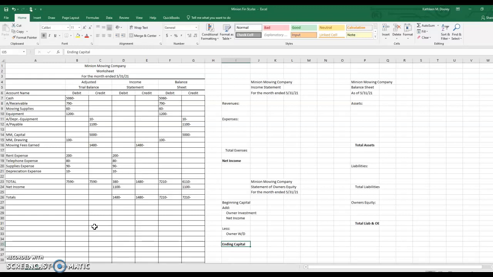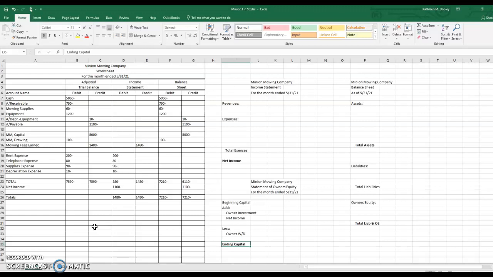That means, did they sell more stuff than what they used and they had expenses? Were their revenues more than their expenses? If that's the case, then they have net profit or net income.